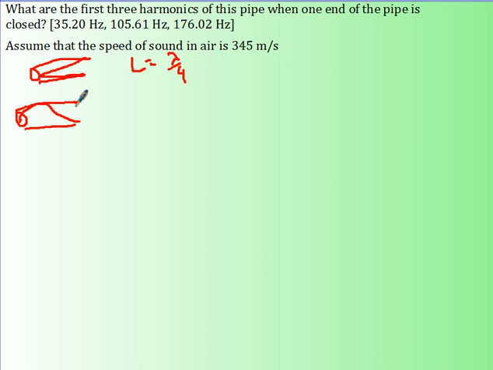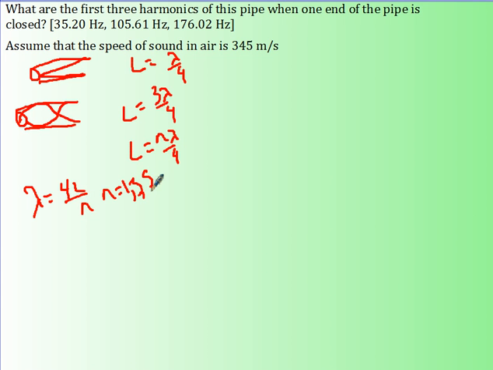Goes up, comes down. Here L is 3 lambda over 4. So that we get L is n lambda over 4, where n is odd. So that lambda is 4L over n, where n is 1, 3, 5, 7, etc.